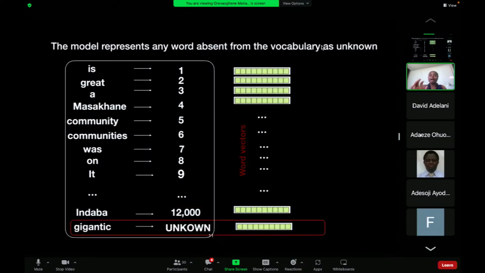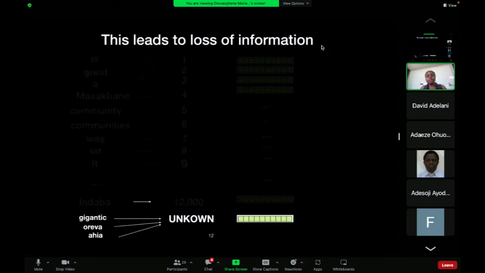Then words that are absent from the vocabulary at test time, I just map to a certain token that I call unknown. So every word that is not present gets mapped to an unknown token. This is good, you have a smaller model, and you can still represent things, though not accurately at test time. But this also leads to loss of information.